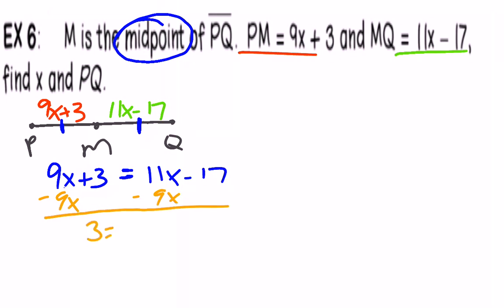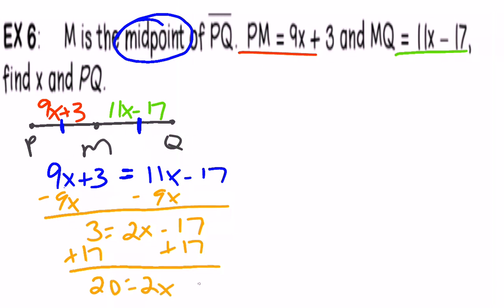When you move your numbers first, you start getting confused. Just trust me, I've taught this a million times. Move your variables first, and you'll be a lot happier a lot more of the time. And then it's a two-step equation, so we're going to add 17, which gives me 20. And then divide by 2, so x equals 10.